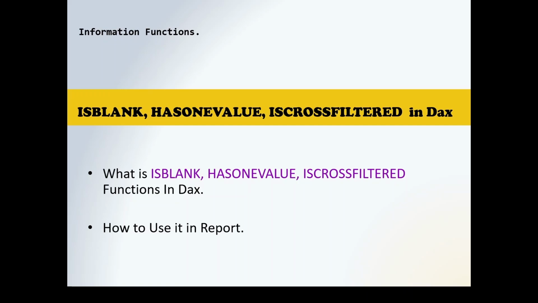In this video we are going to see three logical testing functions, which are IsBlank, HasOneValue, and IsCrossFiltered, and we will see how to use these three logical testing functions inside Power BI.